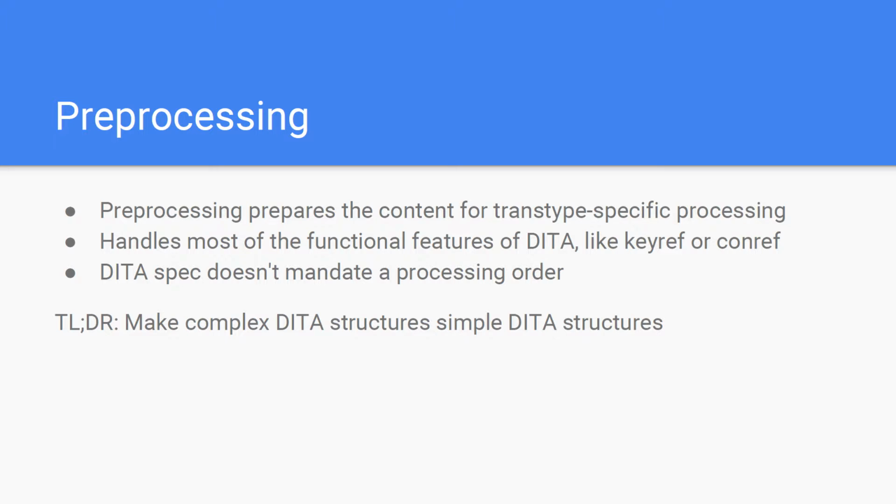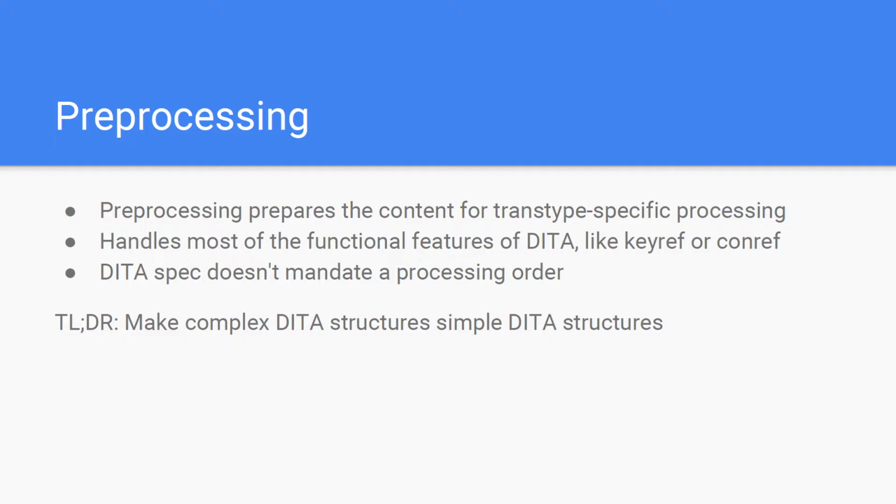So again, the TLDR of pre-processing is that it makes complex data structures simple. I thought about this. Do I tell you that it makes complex data content simple? Well, content might be the text. We're not actually touching the text. We're not making your written content more simple.